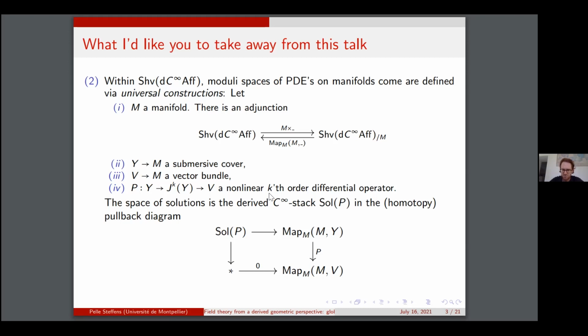Let me give an example. If you knew that the cotangent complex of this object is free at a given point, so it has no cohomology and only has something in degree 0, then you would know that there's a neighborhood in this space that is a smooth manifold.